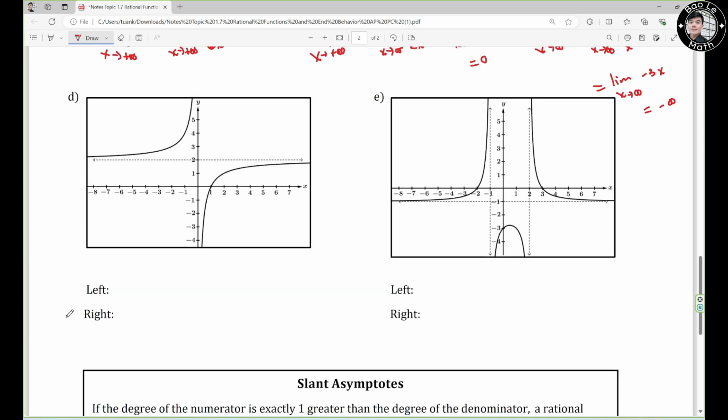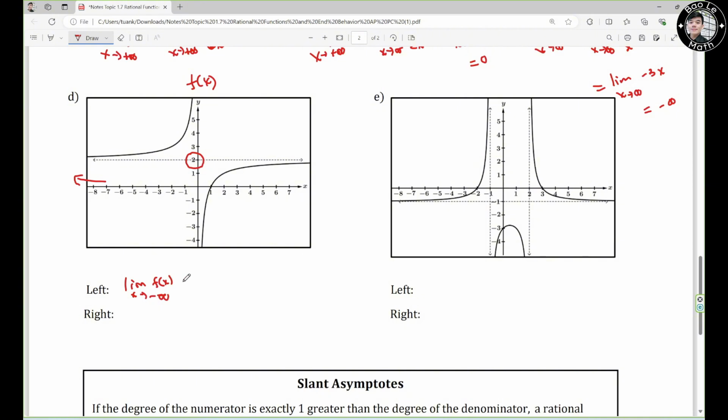Alright, we need to find the limit notation for this guy right here. Now, on the left, let's call the function f of s. The limit of the function f of s when s approaches negative infinity: the y value approaches 2 here, which is the horizontal asymptote.